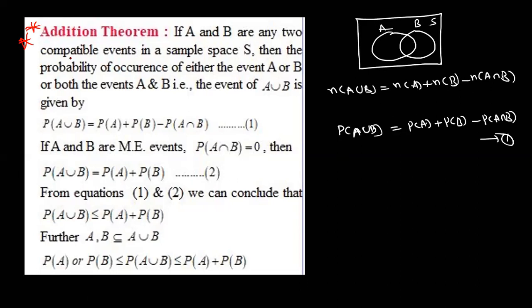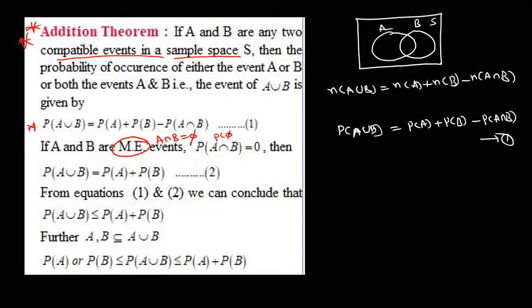A and B are two events of a sample space, subsets of it. Then the probability of occurrence of either event A or B or both the events, that is P of A union B, is the formula. If A and B are mutually exclusive events, mutually exclusive means A intersection B is the empty set.